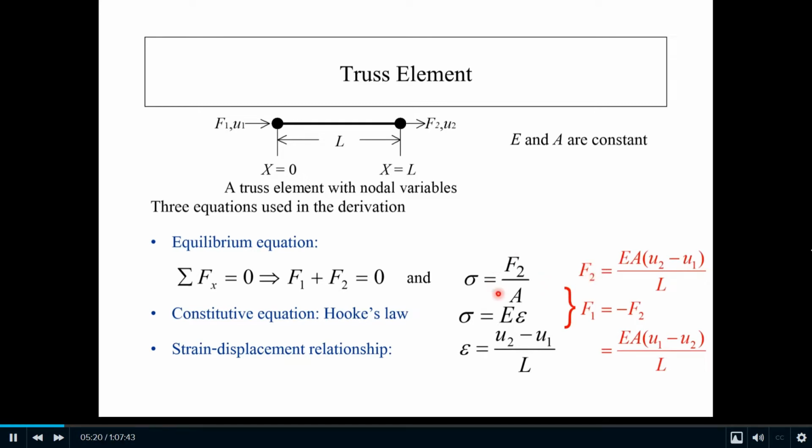From these three equations, you can derive the relationship between F and U. You can start with stress equal to E times strain, put the strain equation in, and then you have this equation.